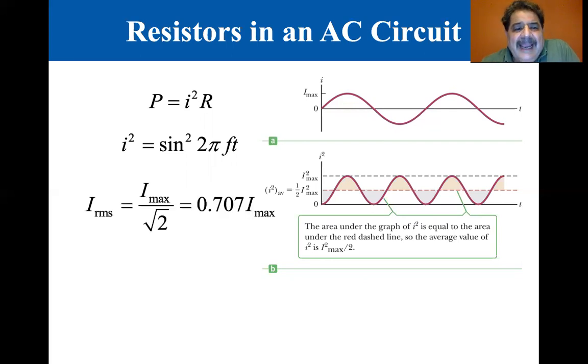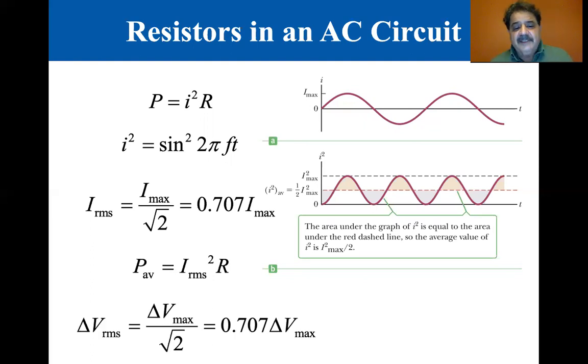Now, I RMS is equal to I max divided by the square root of 2. Well, the square root of 2 is 1.414, but since it's in the denominator, it ends up being a multiplier of 0.707 times I max. So it's about 71% of I max. Now, P average is equal to I RMS squared times R. RMS stands for root mean square.